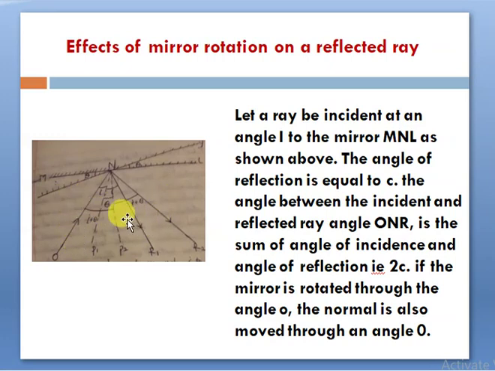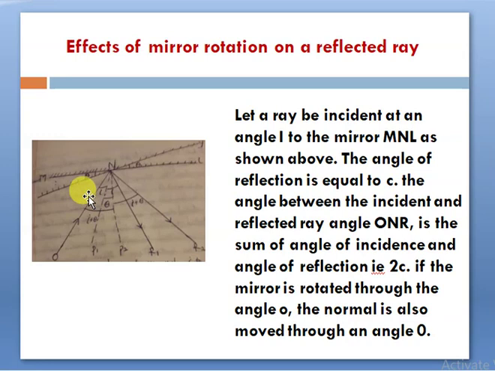Now remember, we want to see the angle of rotation of the reflected ray. How will the reflected ray be rotated? And remember, your incident ray is fixed. Now for the whole angle ONR2 we have 2I plus 2 theta. Now we are going to subtract from it.